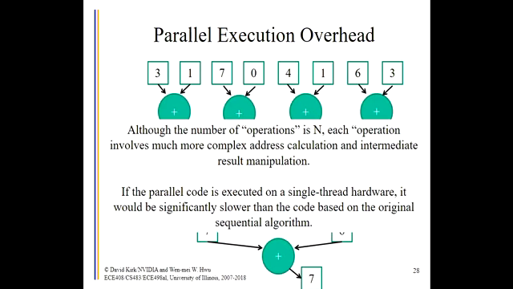Oftentimes, when we have a parallel algorithm and we want to beat an efficient sequential algorithm, we need at least 8 processing elements or more in order to beat it.